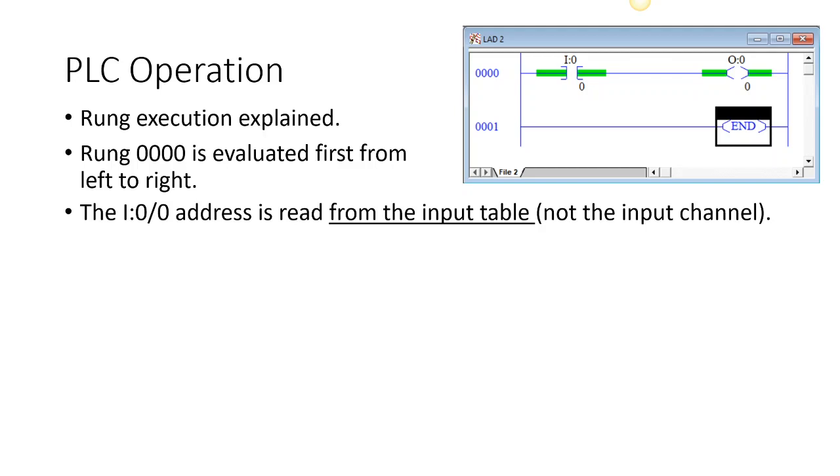So when I reach that, all that instruction is trying to do is figure out whether the address that is tied to that instruction is going to pass its test. So every instruction is a test. Okay? And the test is simple. It's either testing for a 1 or it's testing for a 0. That's as complicated as it gets. So this instruction here is actually testing for a 1. If it finds a 1 in the input table, it is going to evaluate to true.